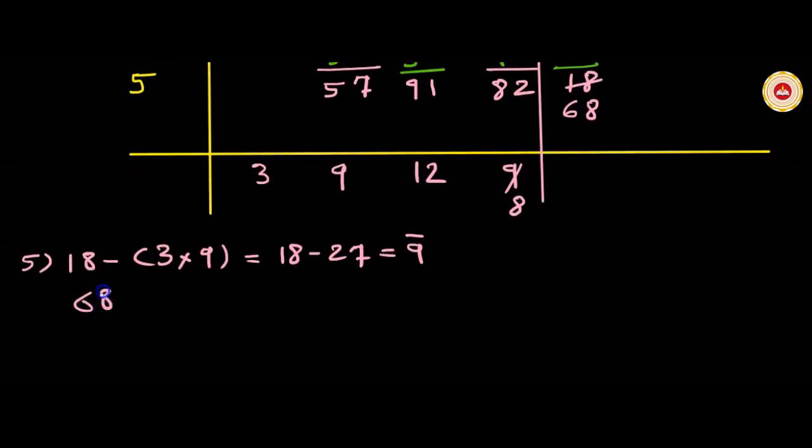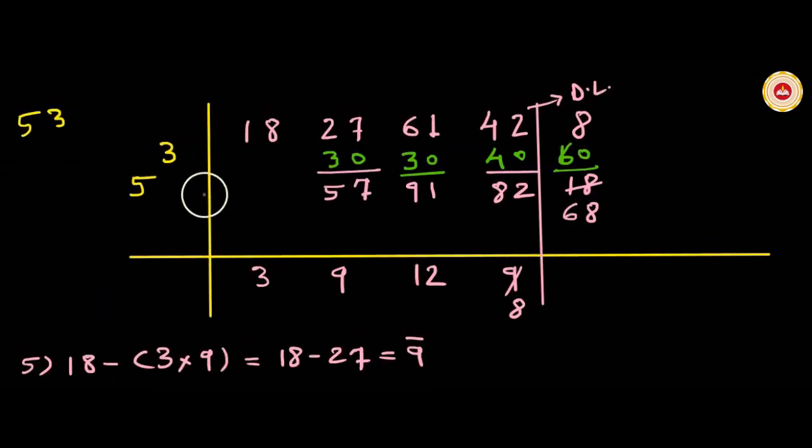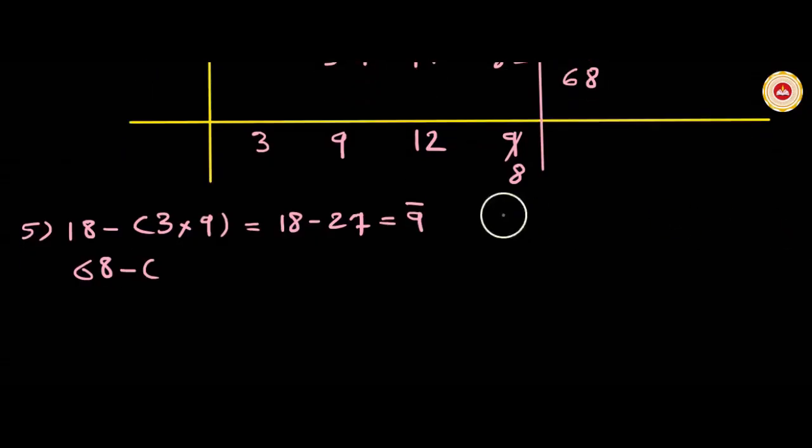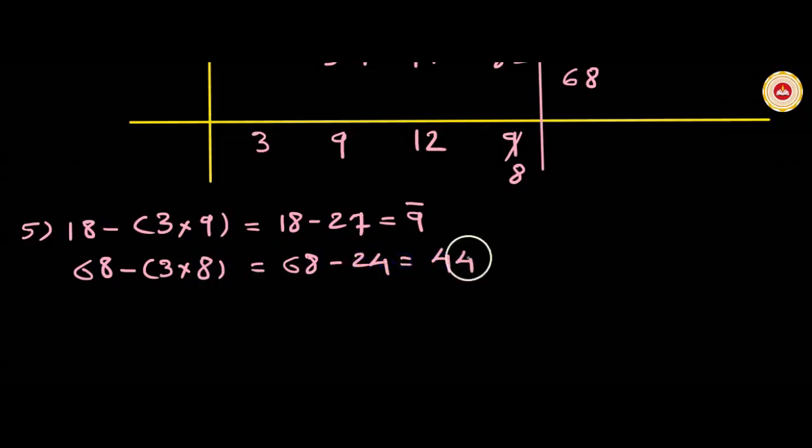So 68, we are repeating this step because in this step we got net dividend negative, which we don't want. So 68 minus flag digit 3 multiplied by last quotient digit 8. 3 multiplied by 8 is 24, 68 minus 24 is equal to 44. Now this 44 is net dividend, which is positive.